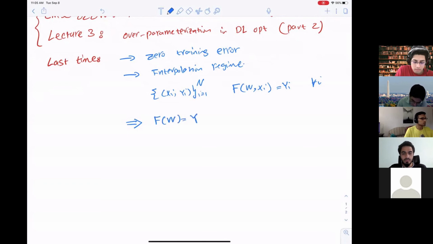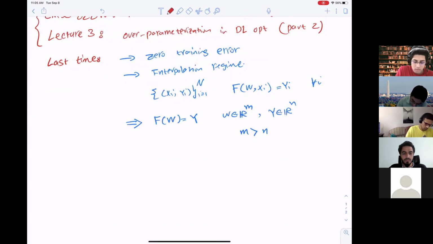So x here is implicit and w is the parameter vector, m-dimensional. So we have m parameters, and y we assume lives in an n-dimensional space. And when we say the system is over-parameterized, we mean m, the number of parameters, is larger than n, the number of samples.